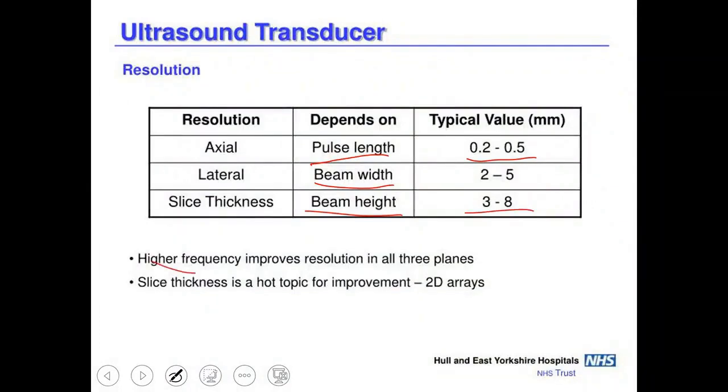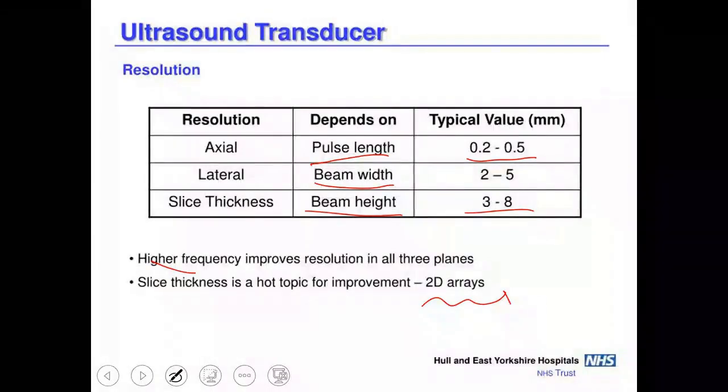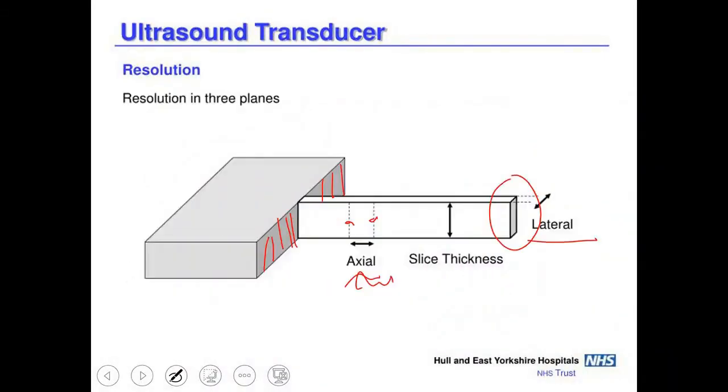Improving slice thickness is a hot topic for enhancement of the array. Slice thickness is related to the array of elements, called 1.5D, which has a special configuration.